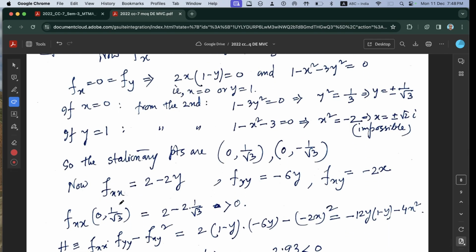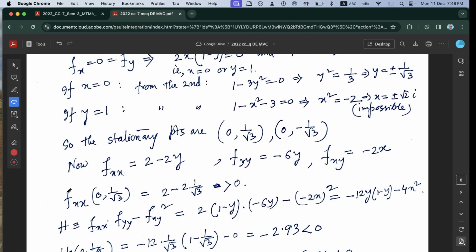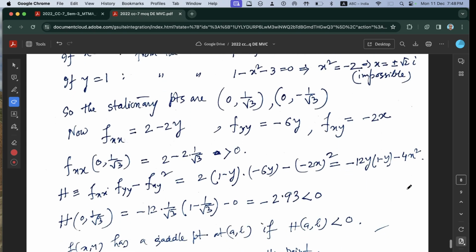Now, ∂²f/∂x² = 2 − 2y, ∂²f/∂y² = −6y, and ∂²f/∂x∂y = −2x. Now, f_xx at (0, 1/√3) is positive, and capital H equals f_xx f_yy − f_xy², which is equal to this, and −12y(1 − y) − 4x².